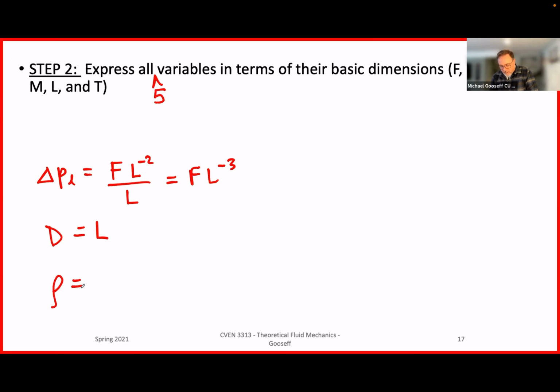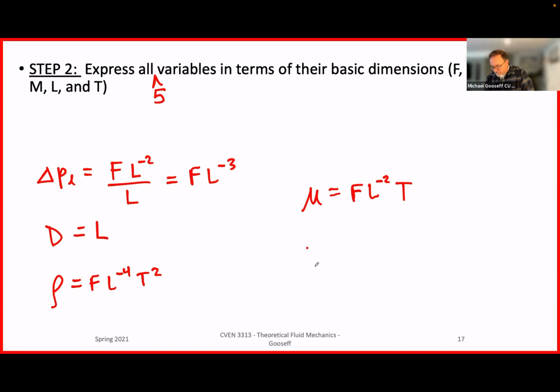In the FLT system, rho is F L to the minus 4 T squared. The dimensions of mu, the dynamic viscosity of our fluid, from table 1, are F L to the minus 2 times T.